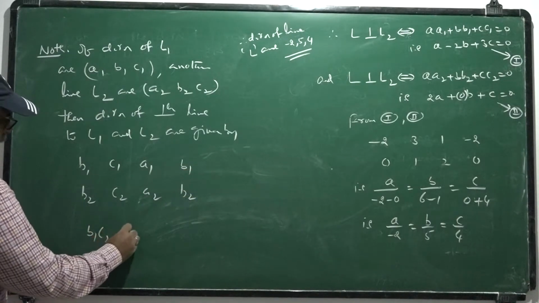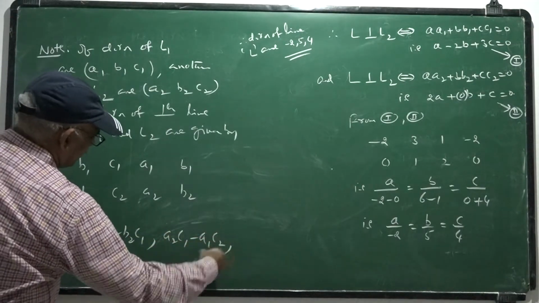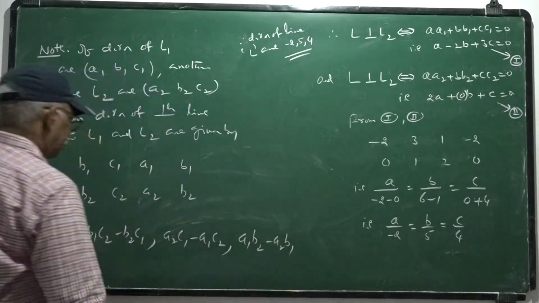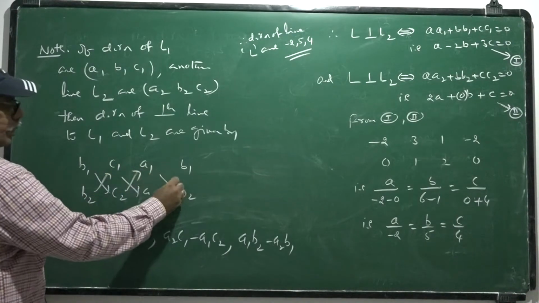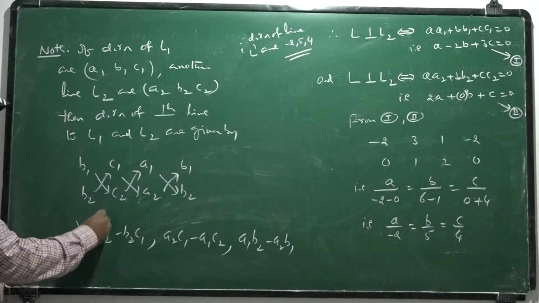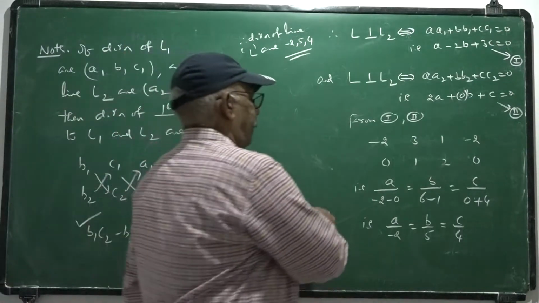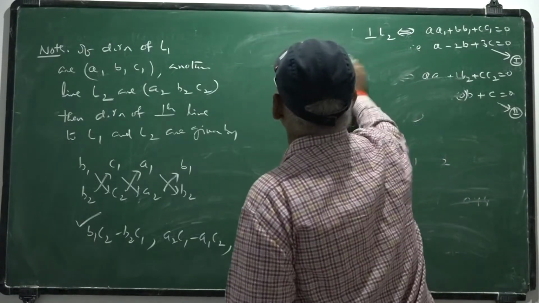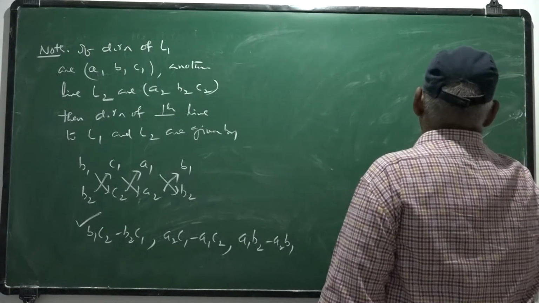So, B1 C2 minus B2 C1, A2 C1 minus A1 C2, A1 B2 minus A2 B1. Just taking cross multiplication, we get the DRs of the perpendicular line. Similarly, DCs are also evaluated.